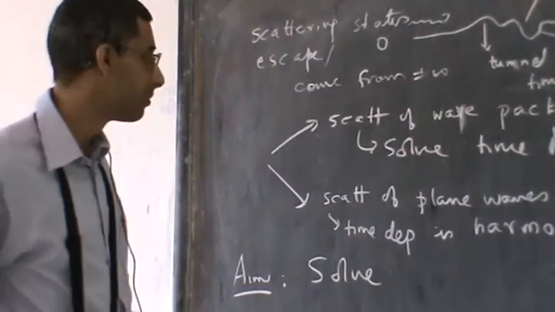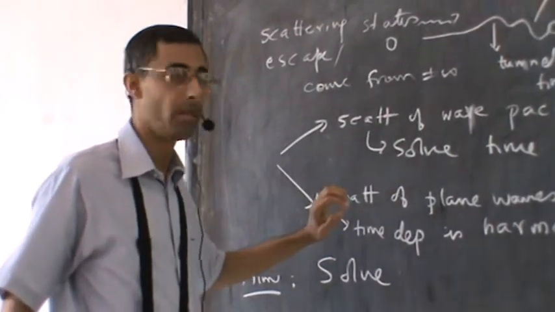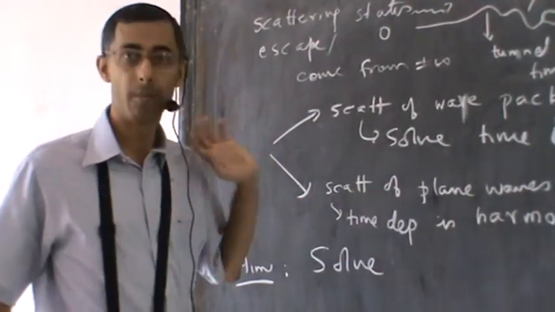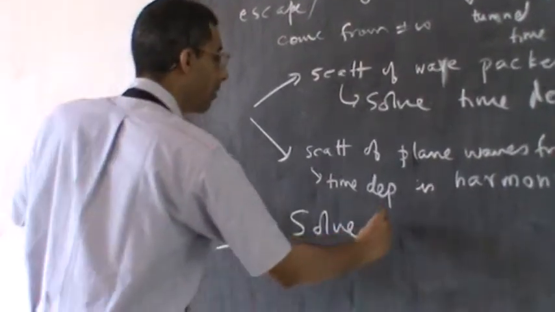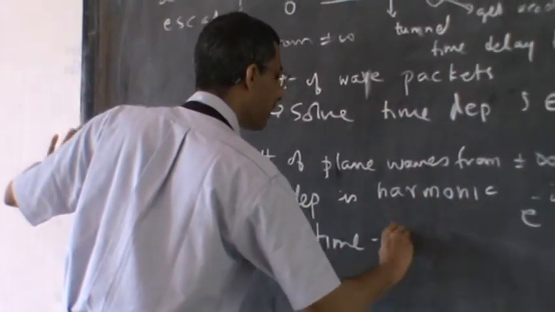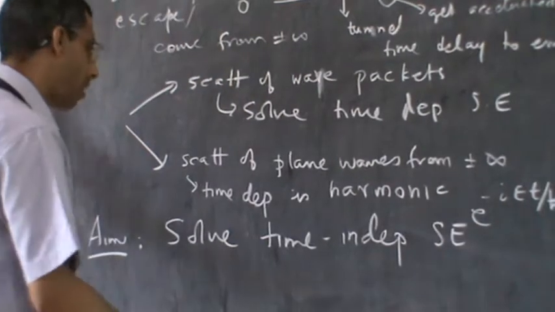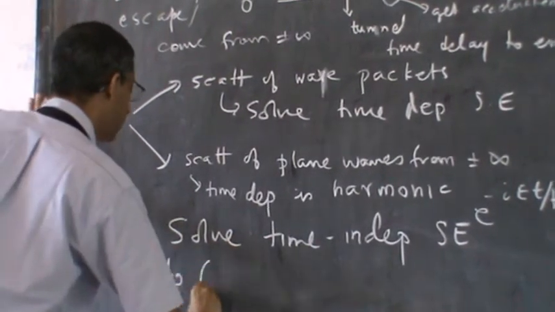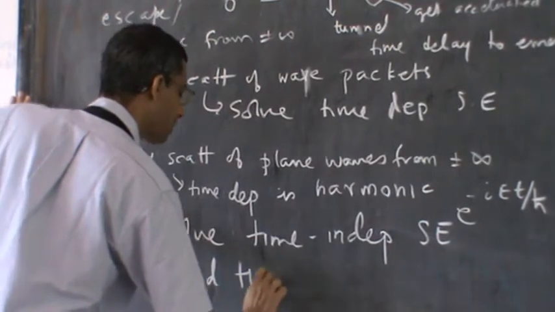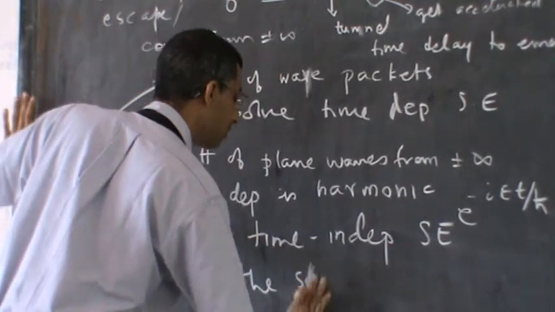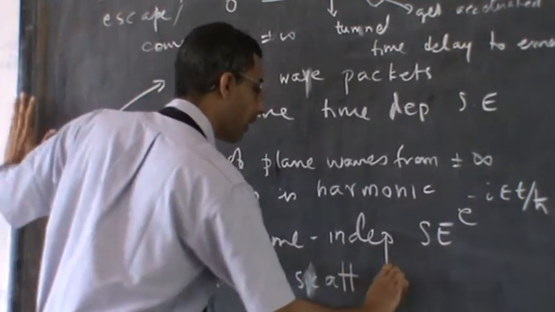That's the full problem. But we won't do that. We will consider only eigenstates of the Hamiltonian. Okay. So solve the time independent Schrodinger equation to find the scattering states, scattering eigenstates.